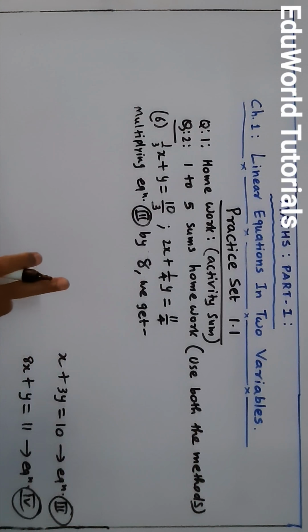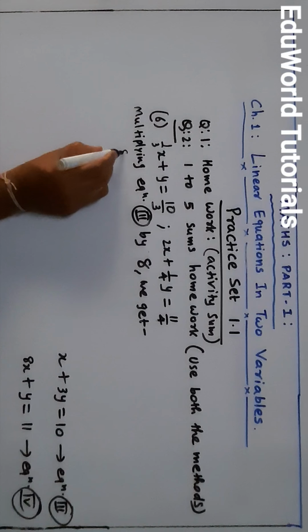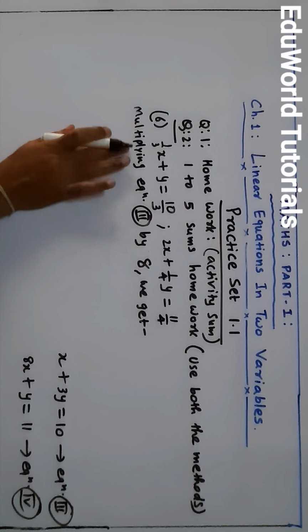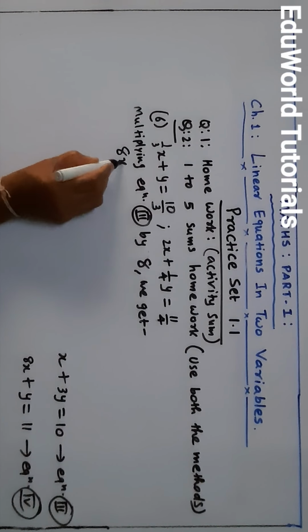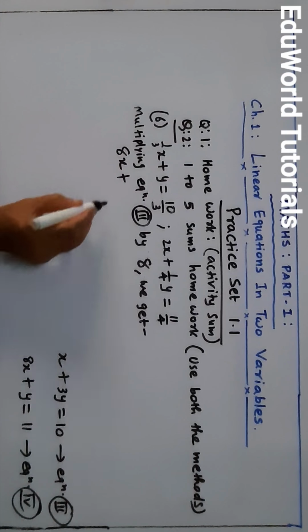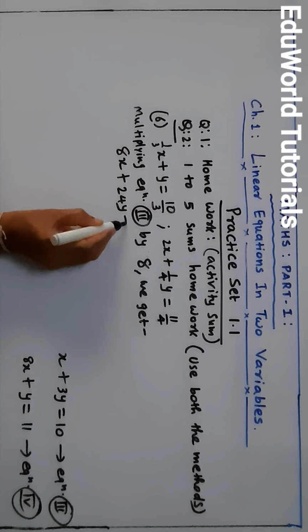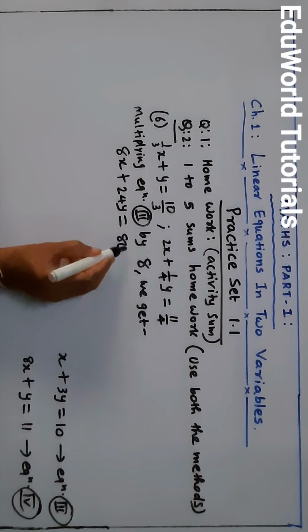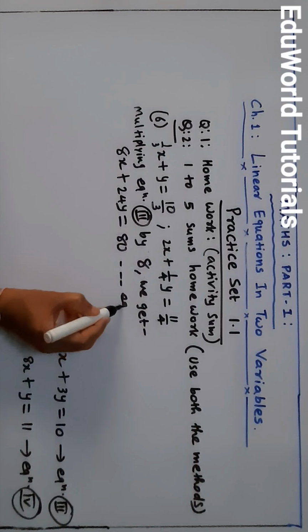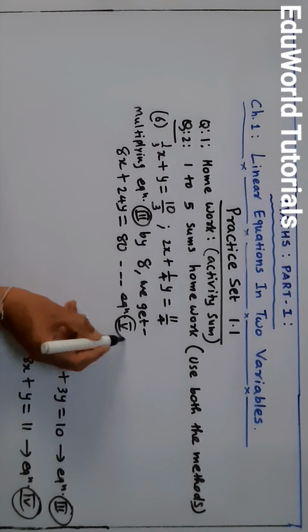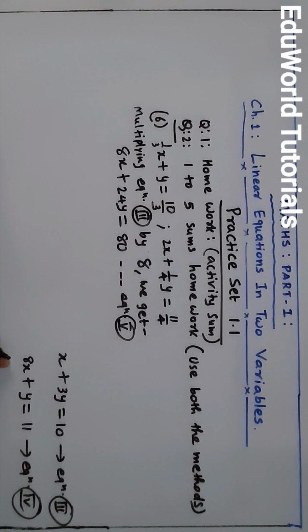Now I will not write the working. I will directly multiply every term by 8. So I'll get 8x plus 8 3s are 24y is equal to 10 8s are 80. This is the new equation number 5th, and this I am going to keep the same.